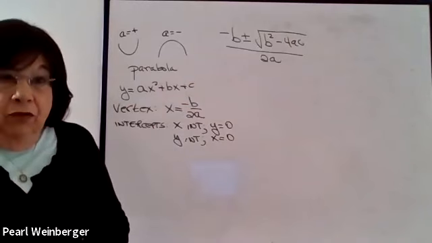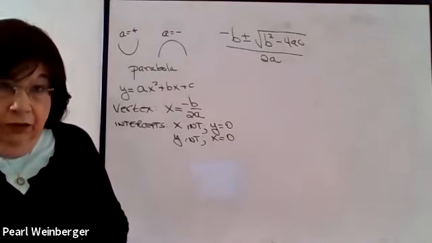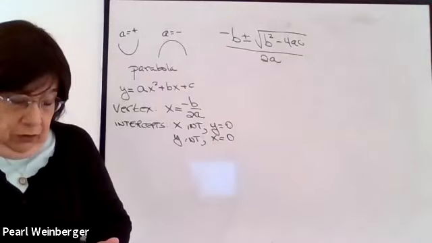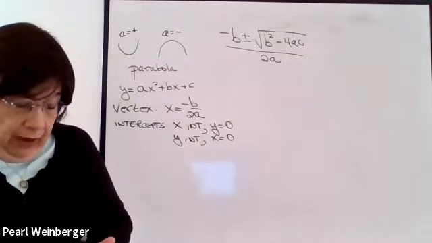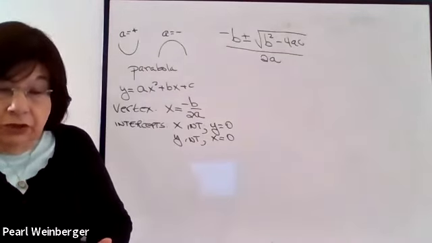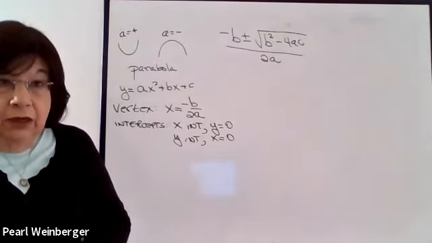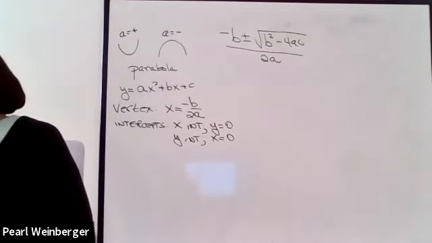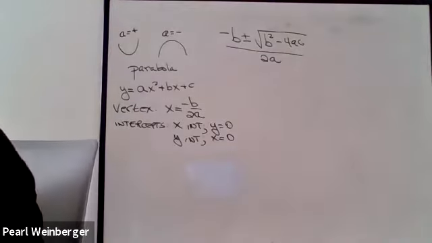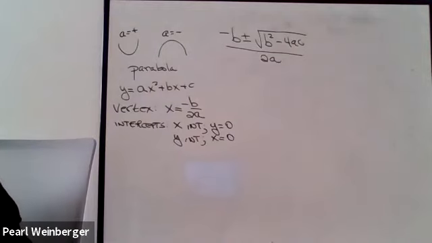And if you have these values, the vertex and the intercepts, you can get a very nice diagram of your parabola. So let's look at an equation, and then I'll give you one to try on your own.